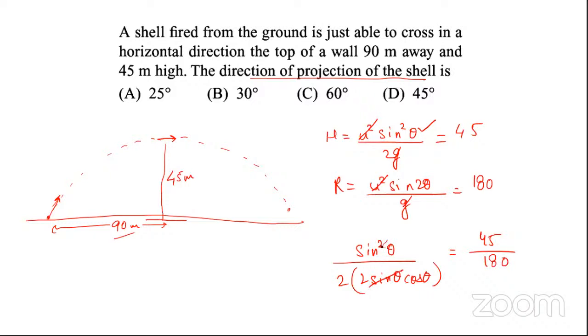So sine cancels. That will give us, let's directly take this, tan theta equals 1 by 4. That is tan theta equals 1. That gives us theta equals 45 degrees. That's the option D.